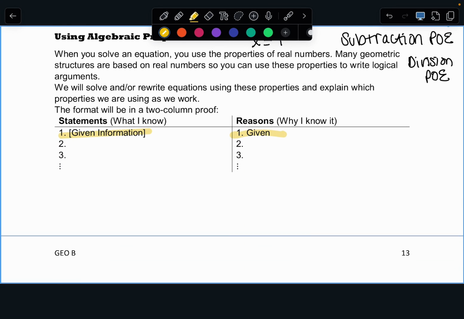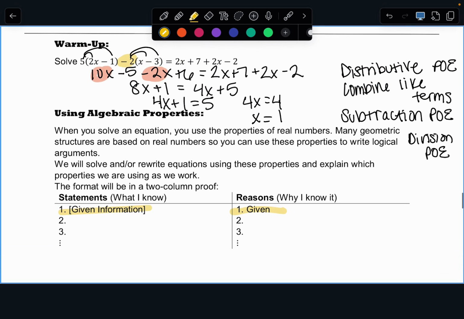So, first line of any proof is given. It is a free point if you put it on there. If you don't put it on there, you just lost one of the easiest points you will ever have in this class. And then from there, once you set up your proof, you run through the algebra, and you describe each step. And that's it.